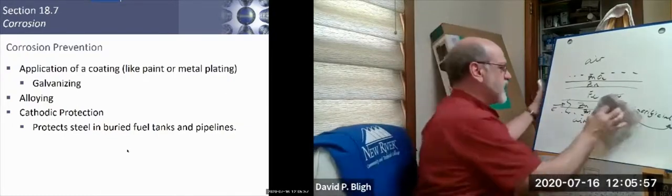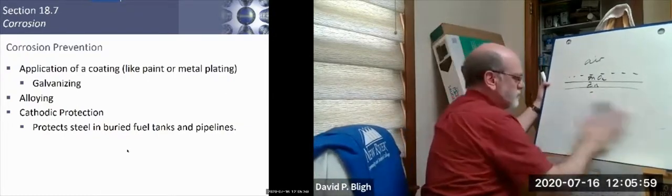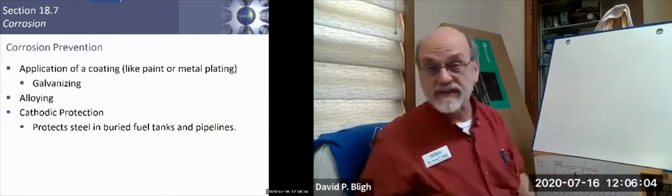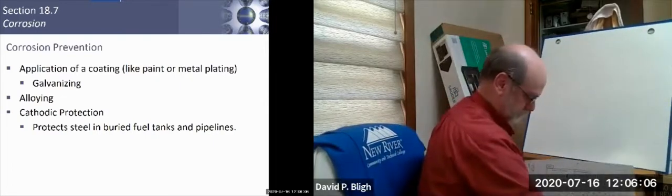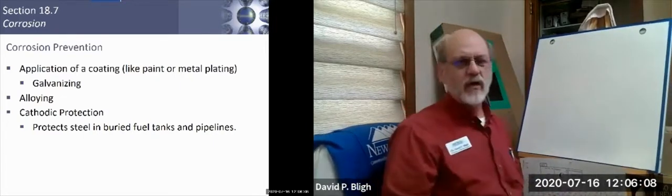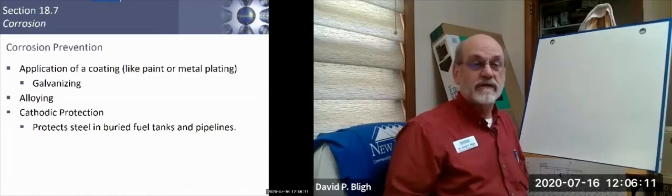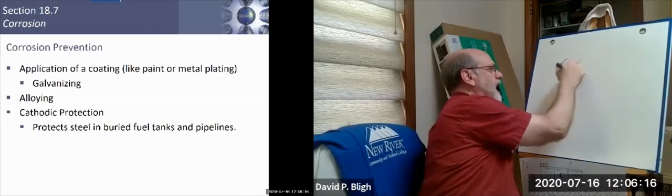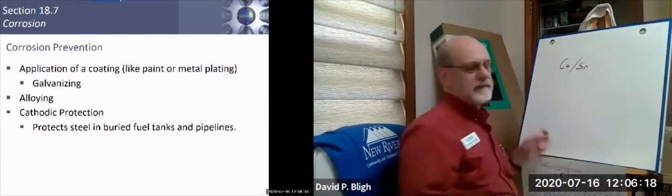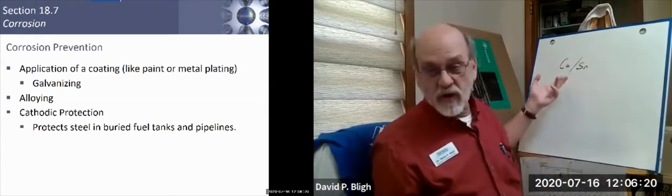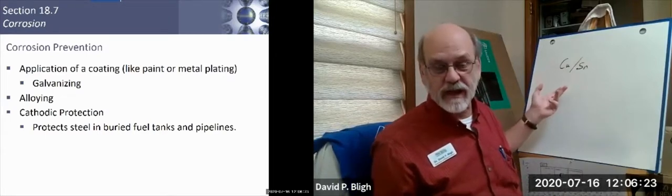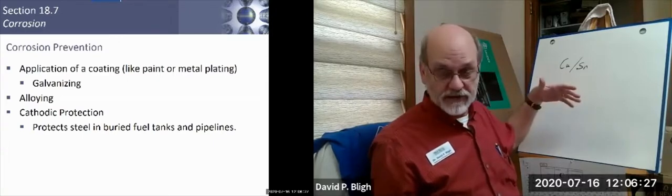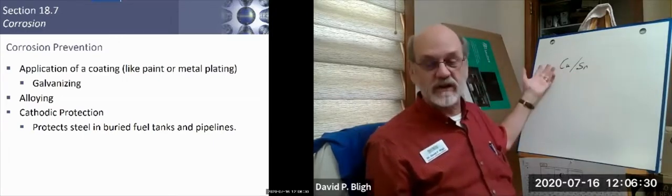What's another way to protect the metal? Well, you can form alloys, right? One alloy that was one of the first alloys was copper and tin. Now, that alloy was not developed in ancient times specifically for sacrificial anode or protection of the copper.